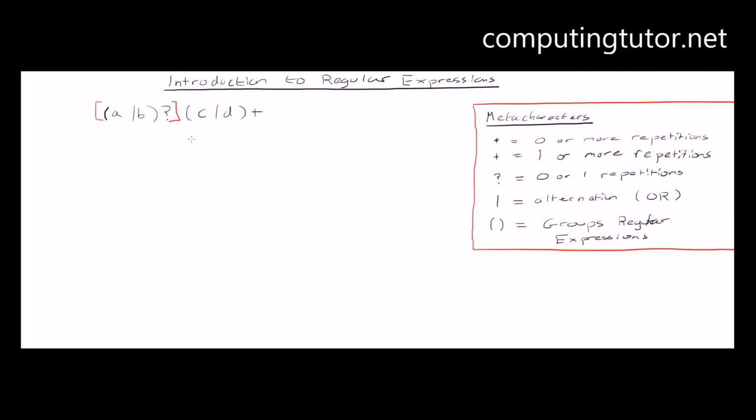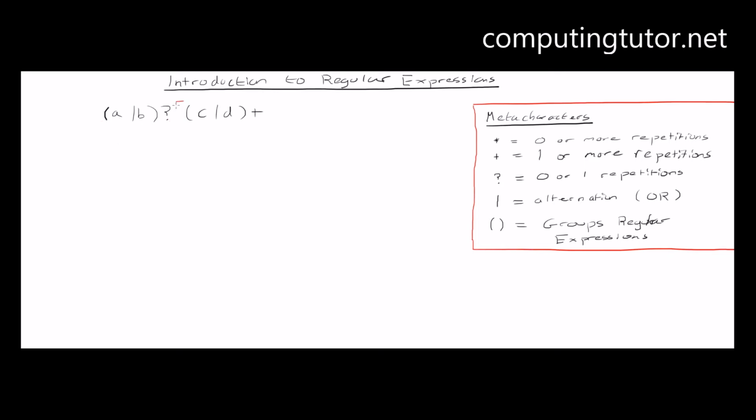A regular expression is checking if a string meets some certain criteria, and this means that in the first part of the string we're checking, it can have 0 or 1 repetitions of A or B. So in practice we can have nothing to begin with, we could just move straight on to here, or we could have an A or a B.